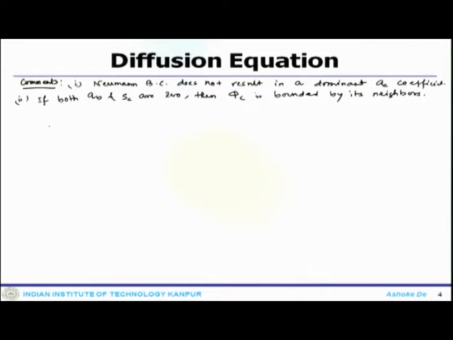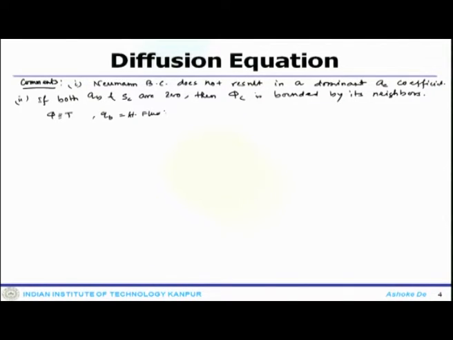For example, you can get it more clearly if phi represents temperature and Q B represents the heat flux applied at the boundary.